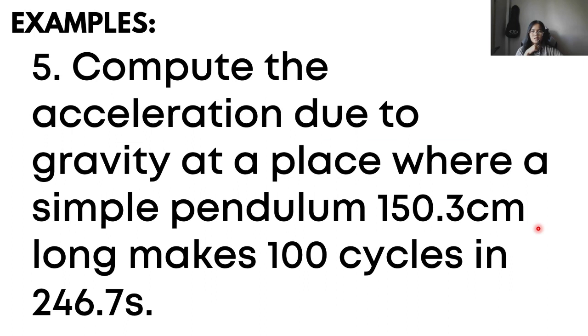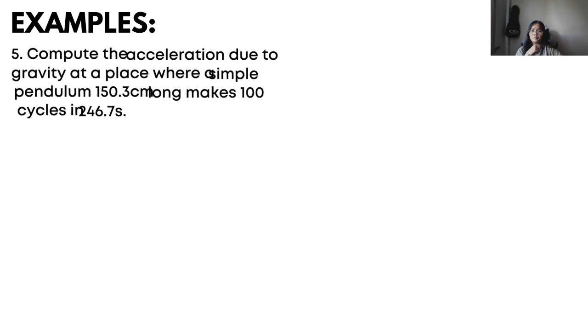And then, example number 5, compute the acceleration due to gravity at a place where a simple pendulum 150.3 centimeters long makes 100 cycles in 246.7 seconds.